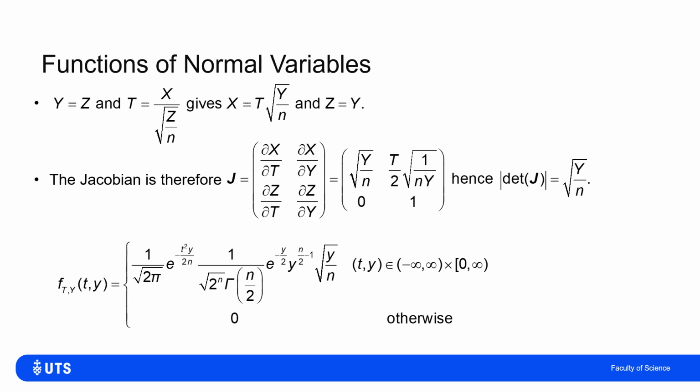So when I now substitute through my change of variables, replacing x with t times the square root of y over n, and replacing z with y, then I will get to that by the time I've multiplied by the square root of y over n, which is the absolute value of the determinant of the Jacobian.